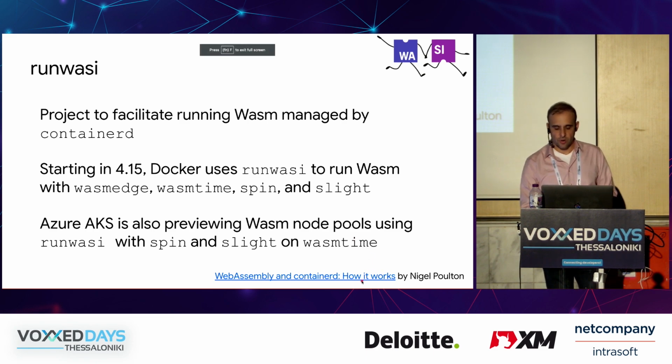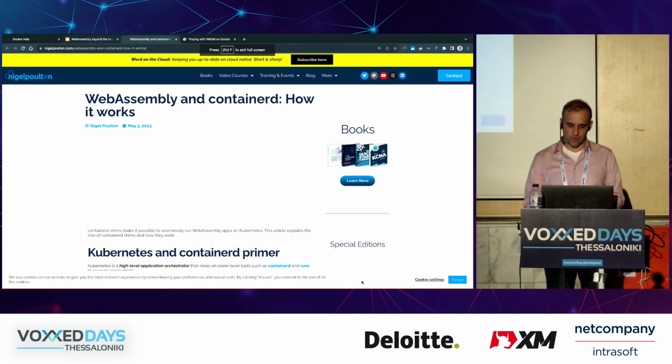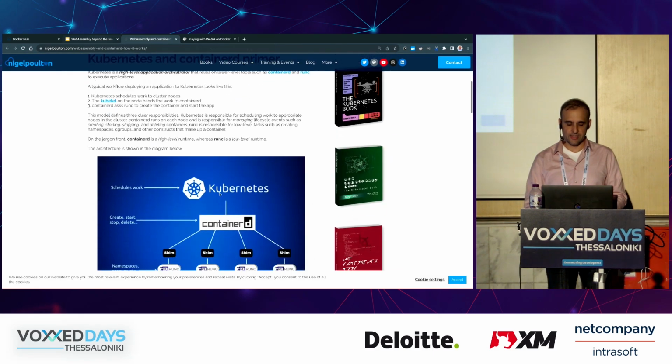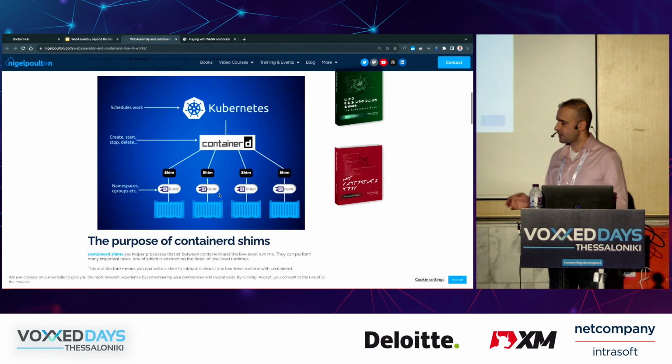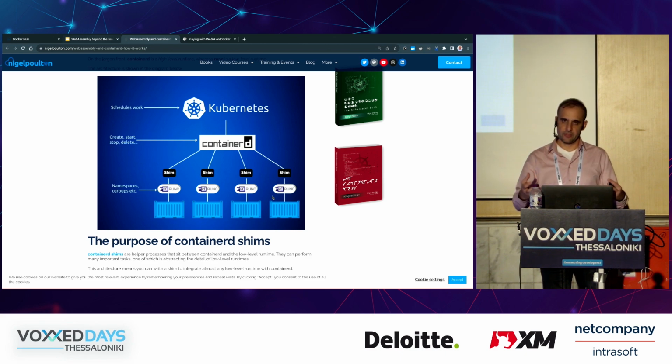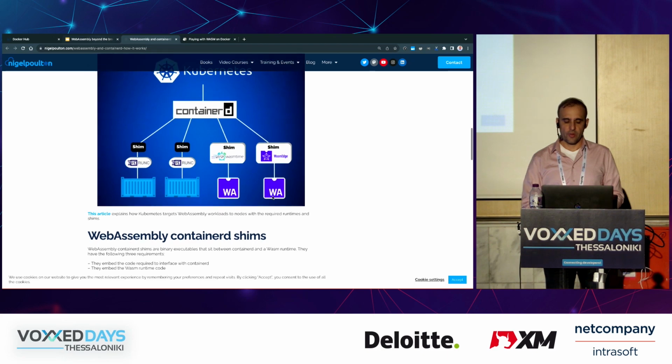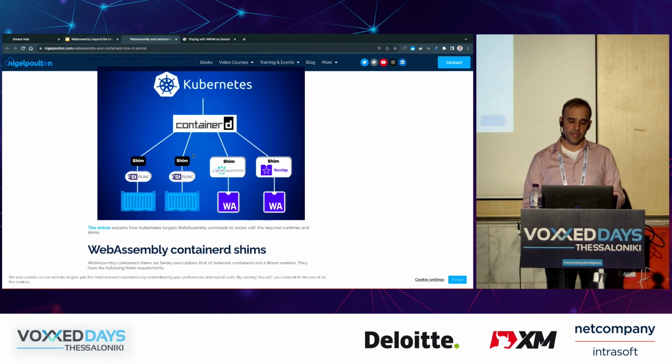And the way this works is explained in another great blog post out there. But basically, in today's world, we have Kubernetes using containerd to run runc, which manages containers, right? That's how it works today. But what we are having right now is containerd not only managing containers, but also managing Wasm runtimes through this special shim.